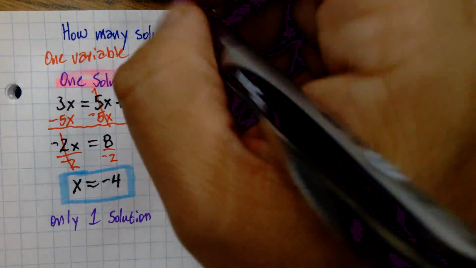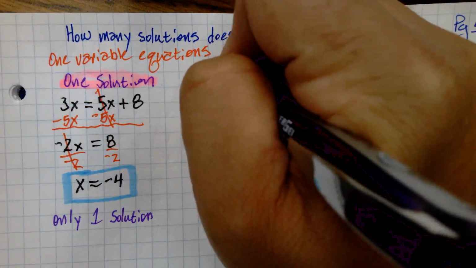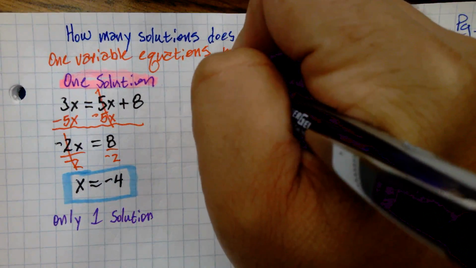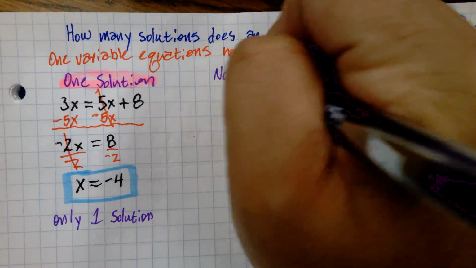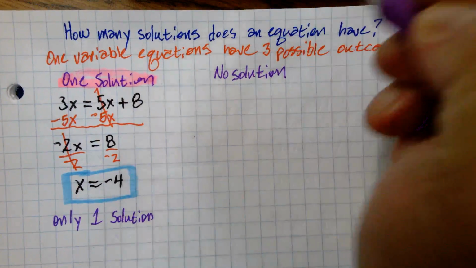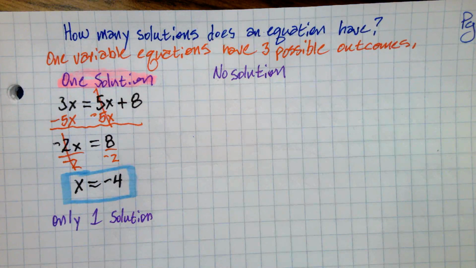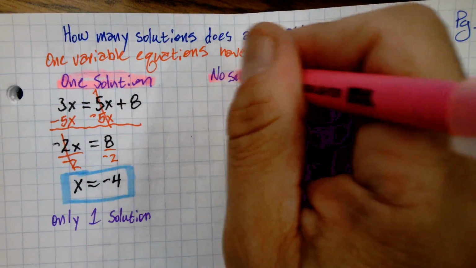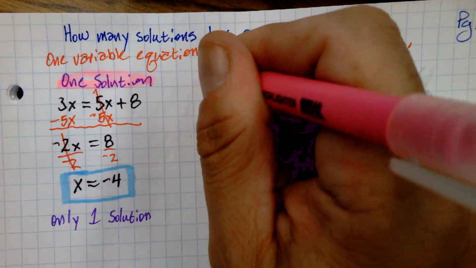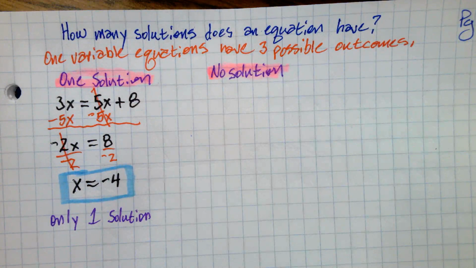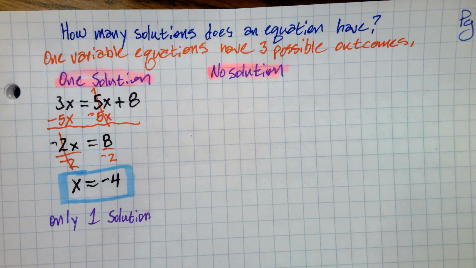And the next one's going to be a no solution. Okay. No answer, exactly. It's an equation that has no number answer. There's no possible answer. Watch and see what happens.